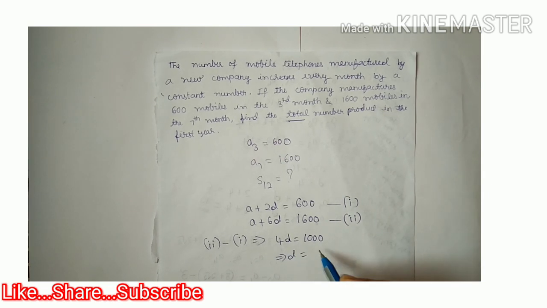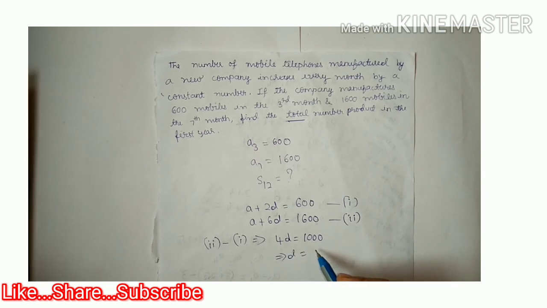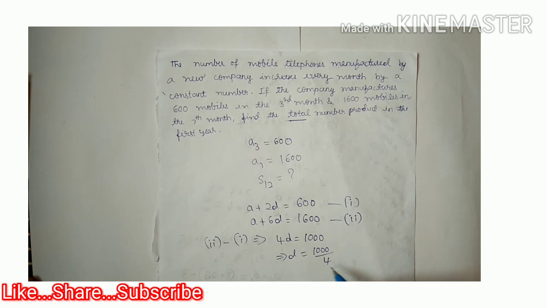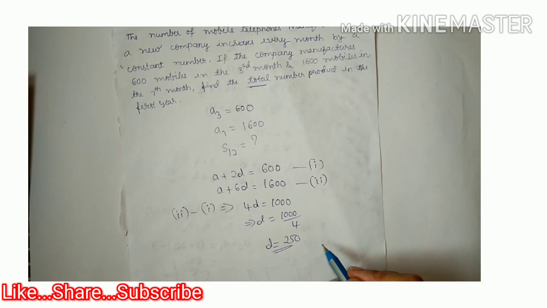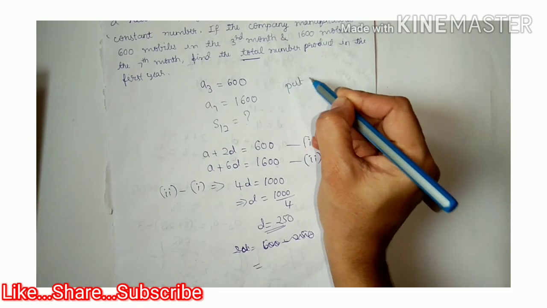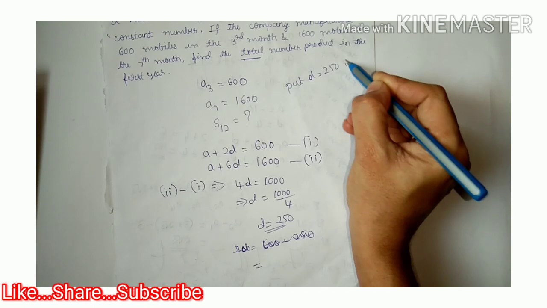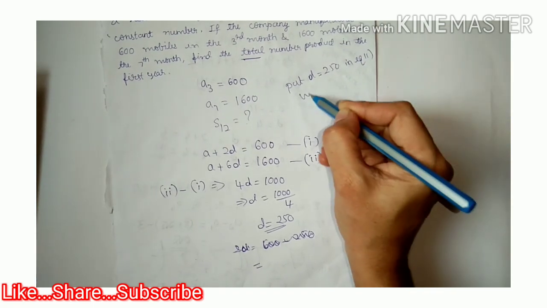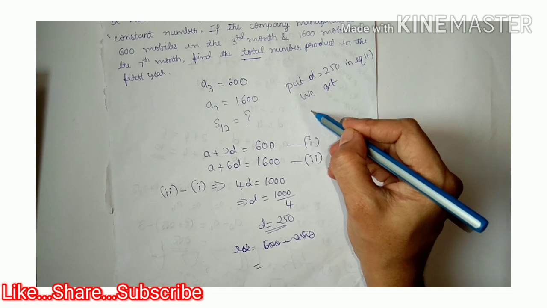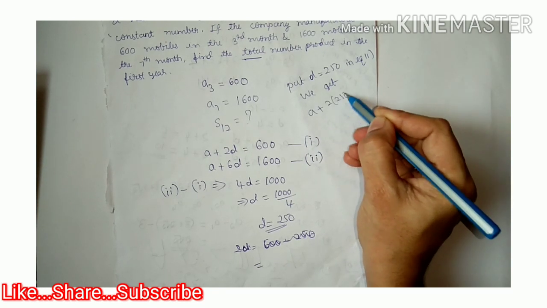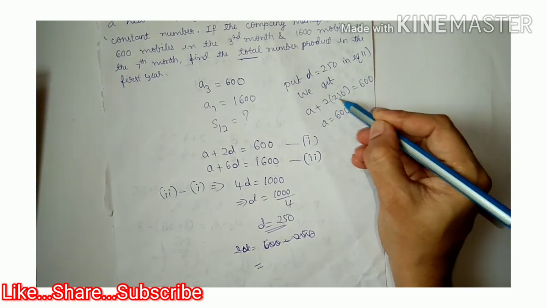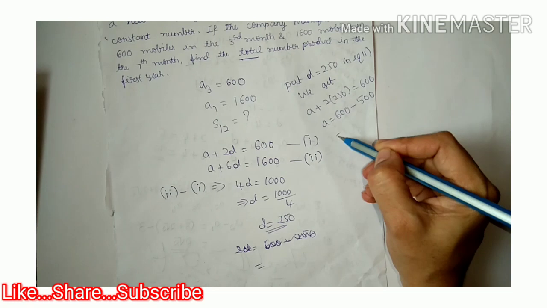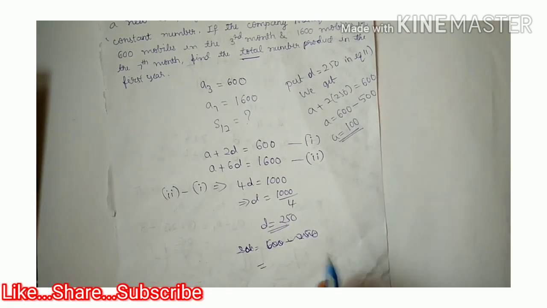D is equal to 1000 divided by 4, which is 250. Now put D is equal to 250 in equation 1. We get A plus 2 into 250 is 600. A is equal to 600 minus 500, 100. A is equal to 100.